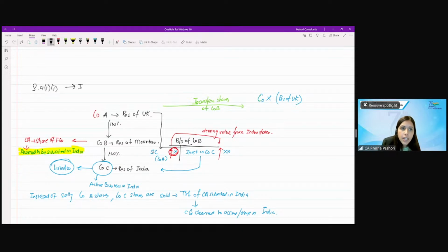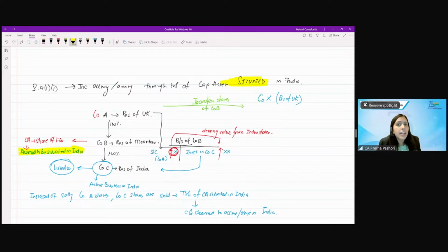It was saying income accruing or arising through the transfer of a capital asset situated in India. So if they say that this share of the foreign company is deemed to be situated in India, automatically when these shares are transferred, 9(1)(i) will get triggered.